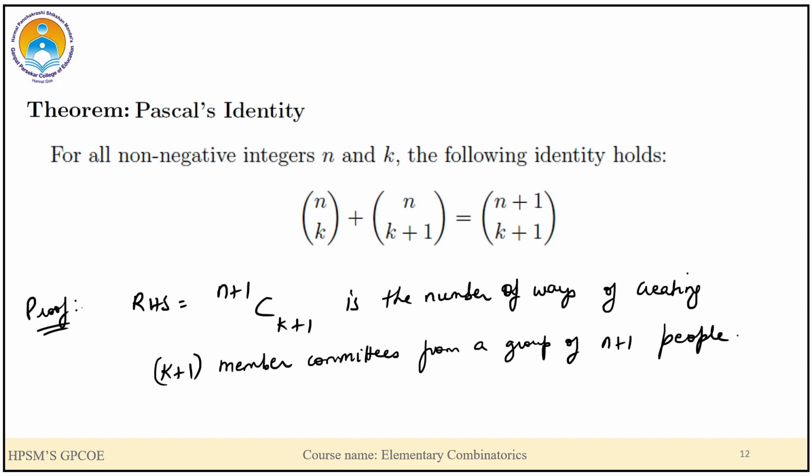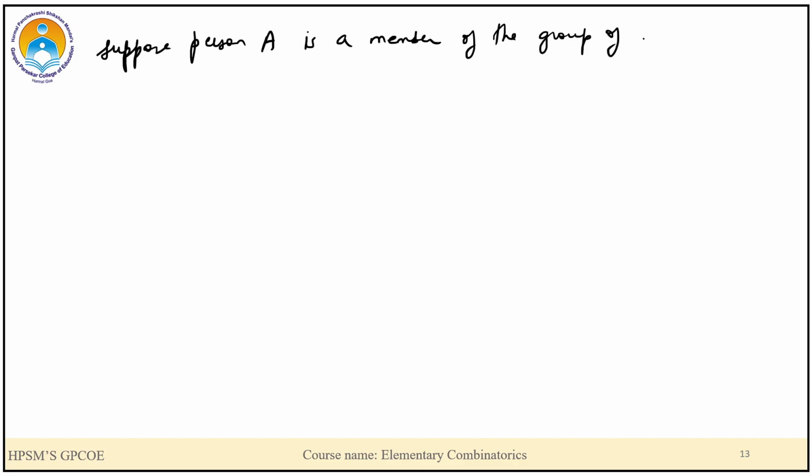This is pretty straightforward. Now, remember that we have a group of n plus 1 people. Suppose person A is a member of the group of n plus 1 people. So suppose we highlight a particular person A who is a part of this group. We can divide this problem now into two cases.